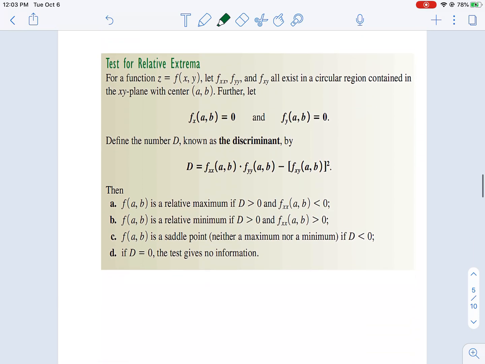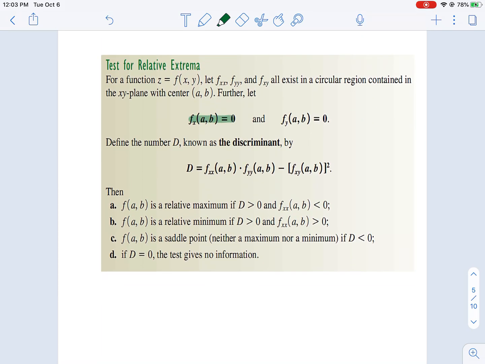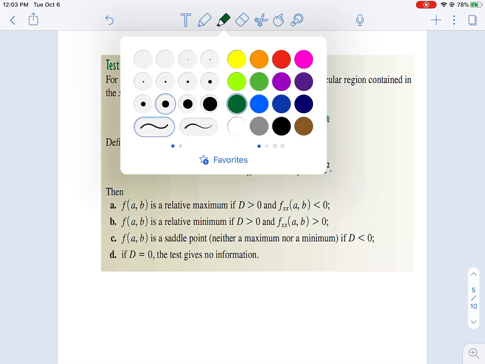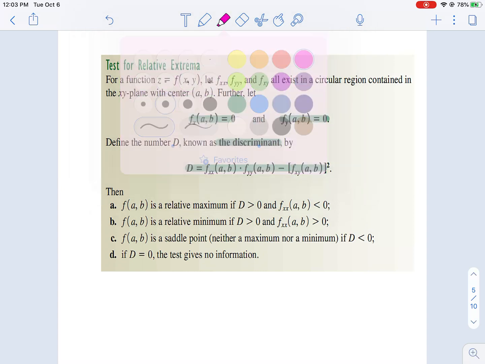And once you've found out where both partial derivatives are equal to 0, you can use what's called the discriminant to determine if that's the location of a minimum, maximum, or saddle point. And notice that the discriminant requires second-order partial derivatives. And there are 4 outcomes.